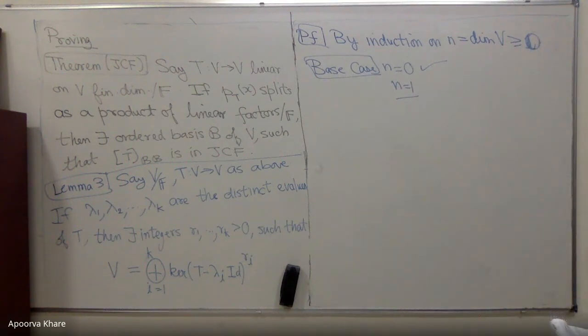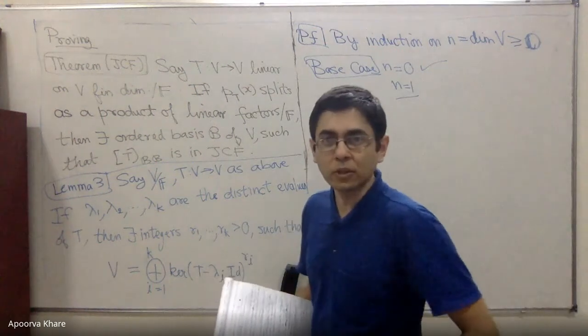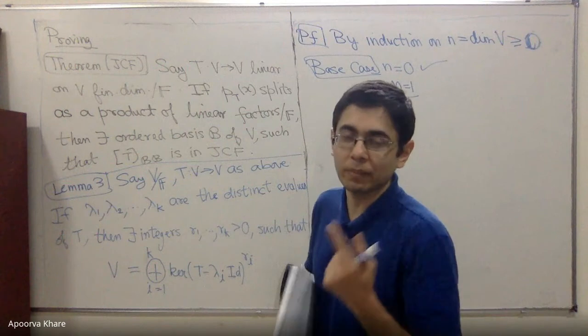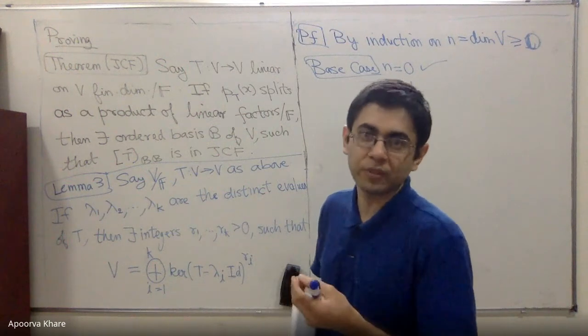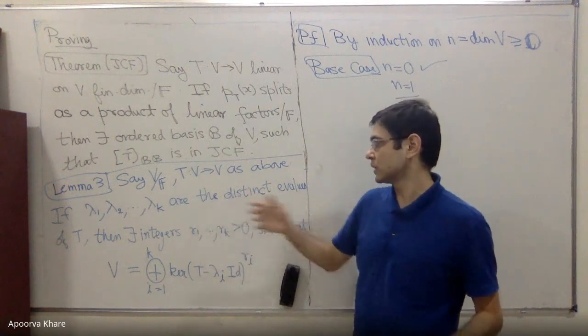So what happens if n equals 1? Well, then V is one dimensional. Every linear map from V to V, where V is one dimensional, is just a map from F to F, and so it is precisely multiplication by a scalar, and that scalar, of course, is the eigenvalue.